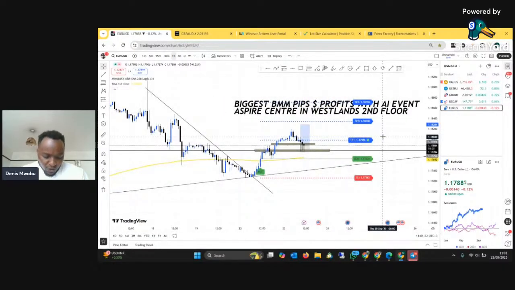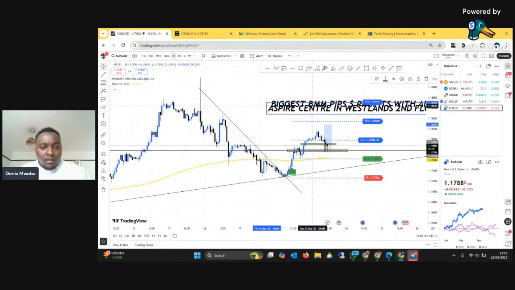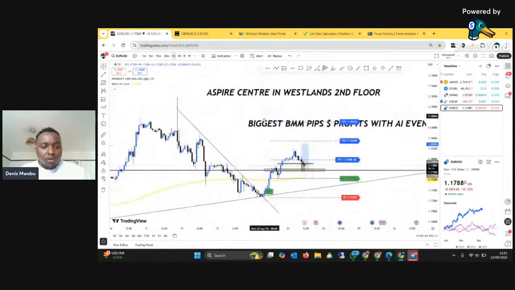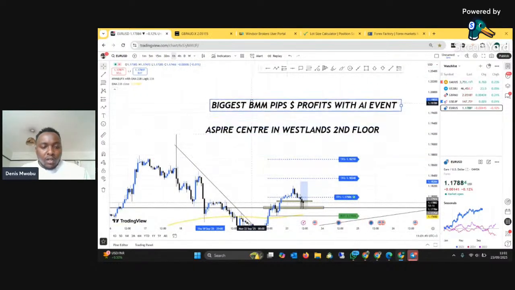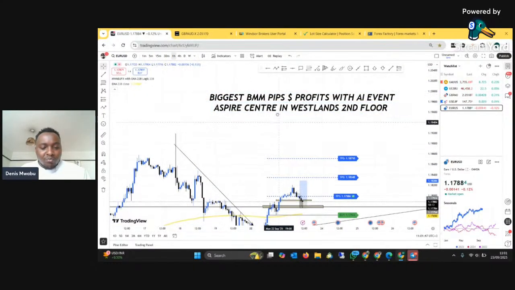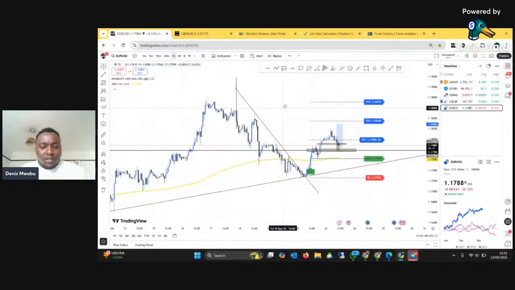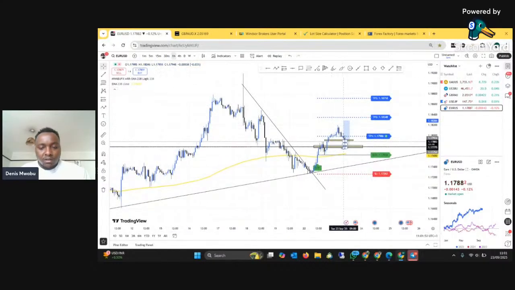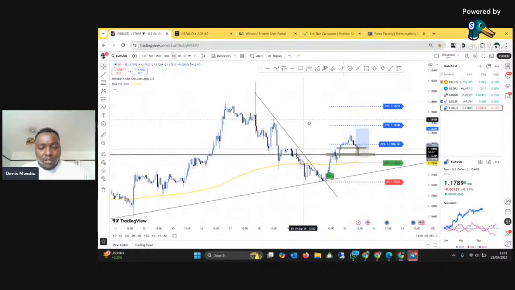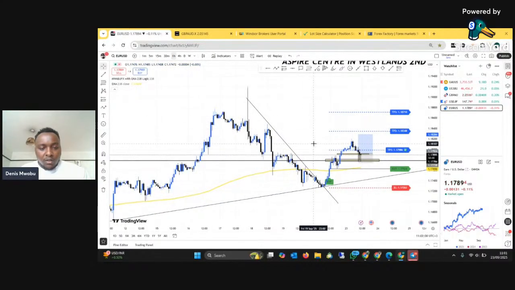Even for the euro USD, I truly believe in these buys. The only way we will not profit on this trade idea is maybe if it just fakes us out here, because of spreads or something.